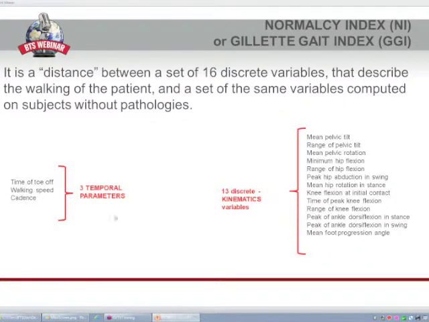The variables used are 3 temporal parameters, which are the stride time, the walking speed, and the cadence, and 13 discrete kinematic variables like the mean pelvic tilt, the range of the pelvic tilt, the mean pelvic rotation, and so on. On the slide you can see the list of all the parameters used for the computation of this index.